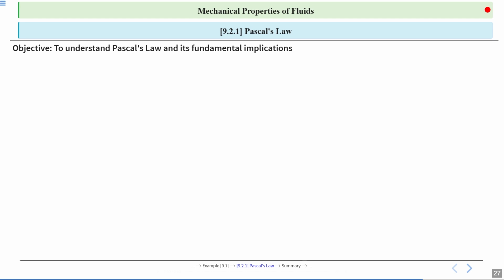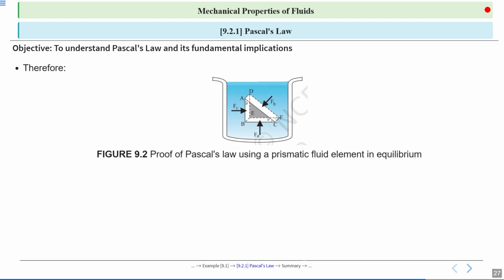Now, here in the prismatic fluid, we can see FB upon AB is equal to FC divided by AC equal to FA divided by AA. This equation tells us that the pressure exerted by the fluid is the same at all points on the prismatic element. Each term represents the force per unit area, which is the definition of pressure.